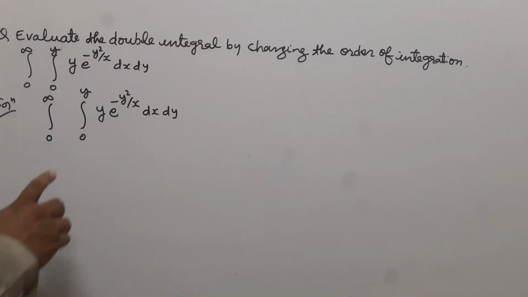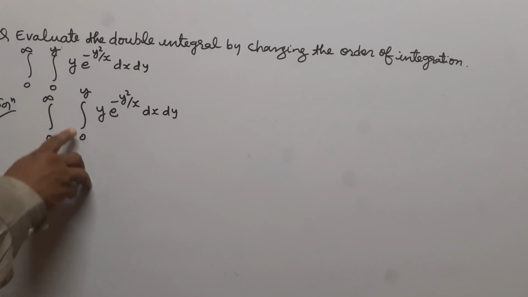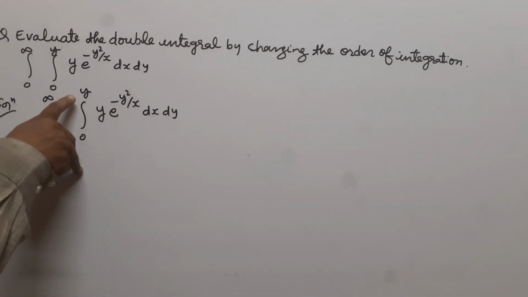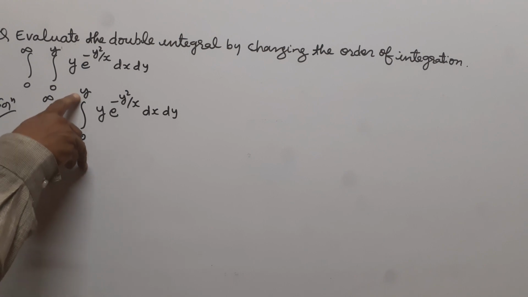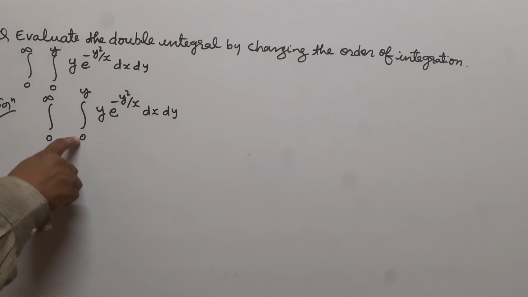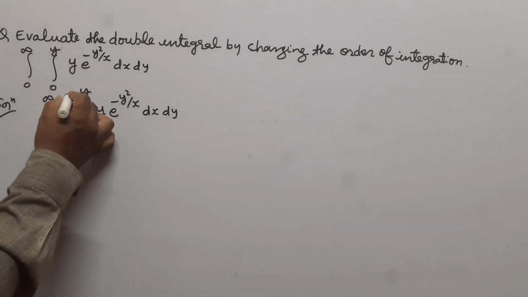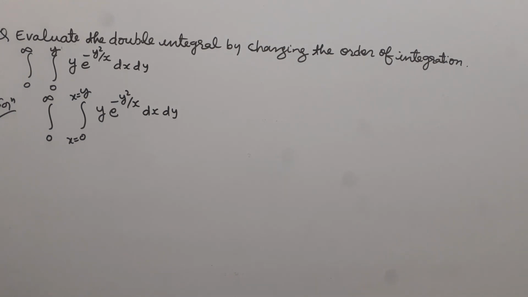You can see that on the right hand side this limit is a function of y, so this is the limit of x. So we can also write this as x equal to 0 to x equal to y.